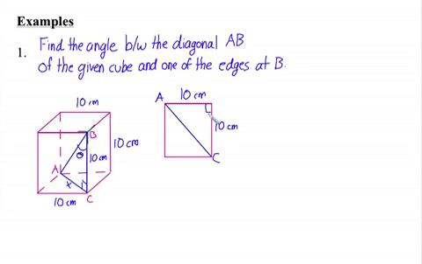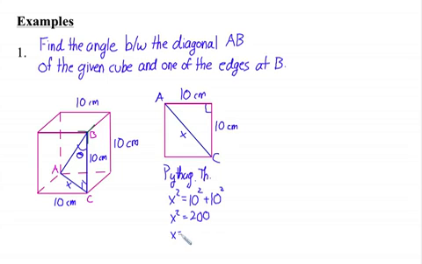We know that this is a right angle up here, and we're calling this x. So using the Pythagorean theorem, I can now find x. We know that x squared equals 10 squared plus 10 squared, or 100 plus 100. So x squared equals 200, therefore x equals the square root of 200.